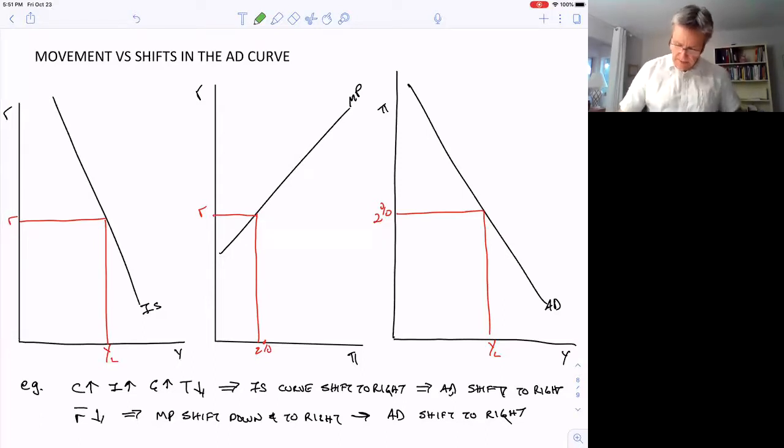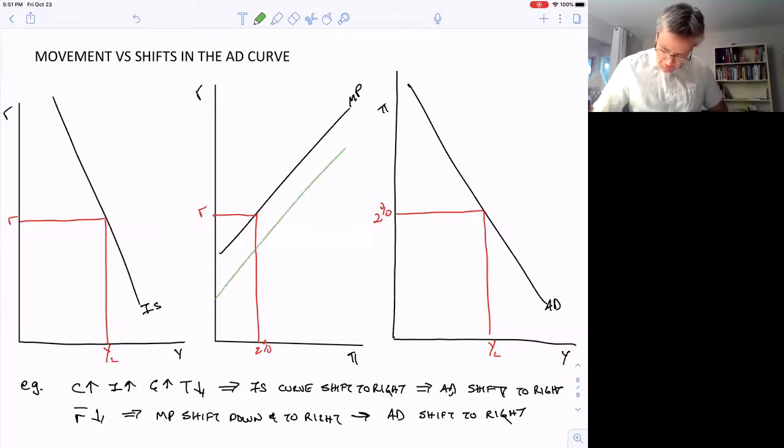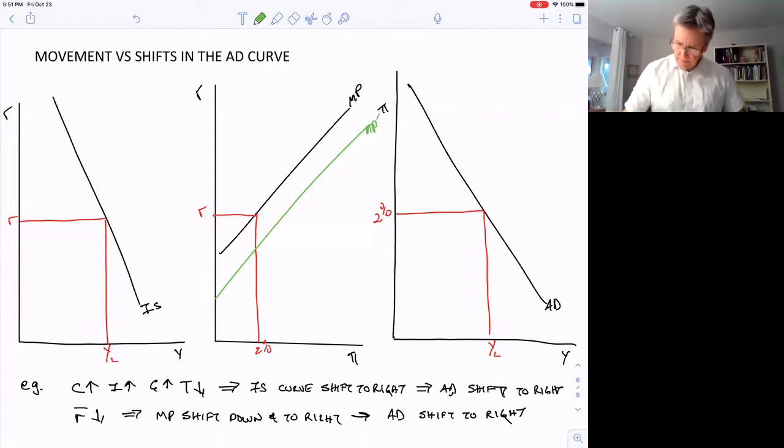So that would mean moving the MP curve down, lowering R bar. We're just going to move it down, start lowering interest rates because output's too low. We'll call that MP prime.